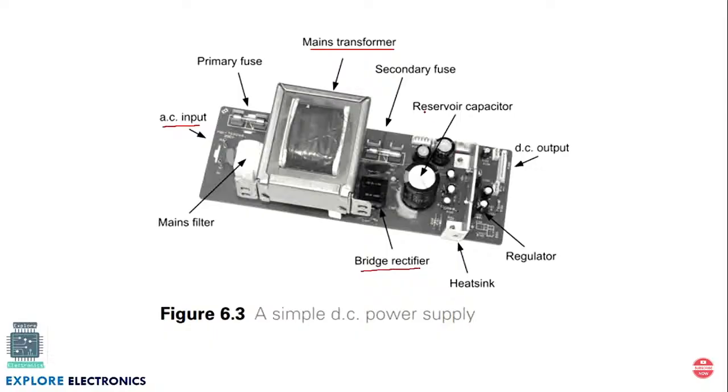That's why we have a reservoir capacitor here. You can observe here, this is a capacitor, and we are going to get an output from the regulator, that is the DC output. For safety purposes, we will have a fuse at the primary of the transformer as well as at the secondary of the transformer. So this is the DC power supply device available in the market.